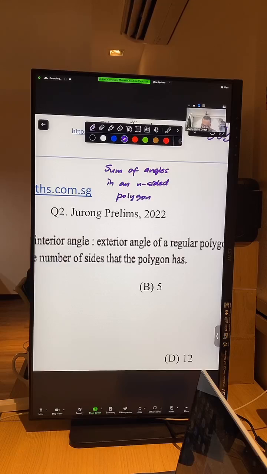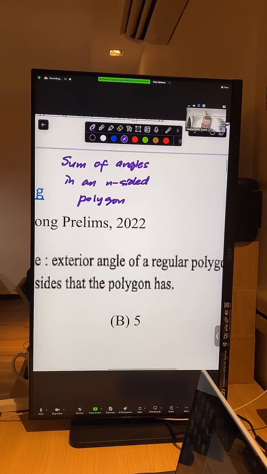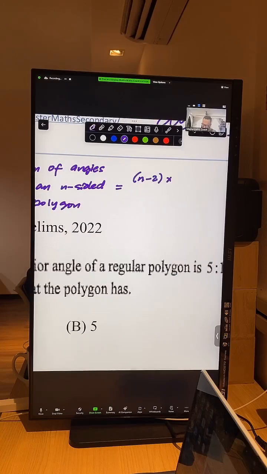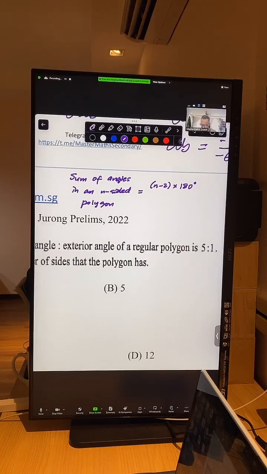So if your polygon has n sides, the sum of angles will be n minus 2 times 180 degrees. Okay, sum of angles in an n-sided polygon is n minus 2 times 180 degrees.